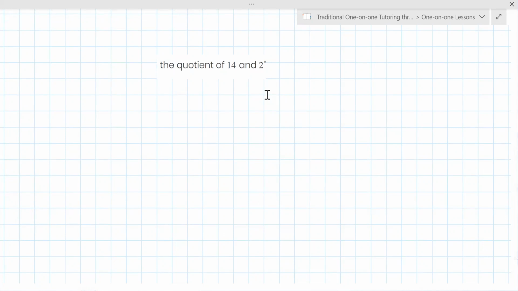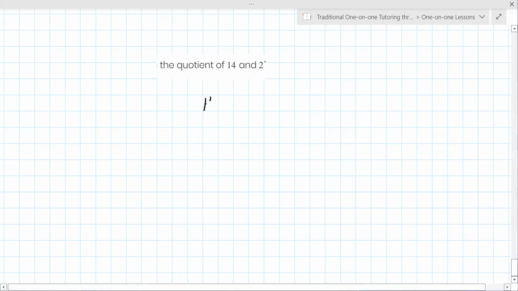Which math operation is that? Quotient of. Is it division? Yes, quotient is division. So it's 14 divided by 2.